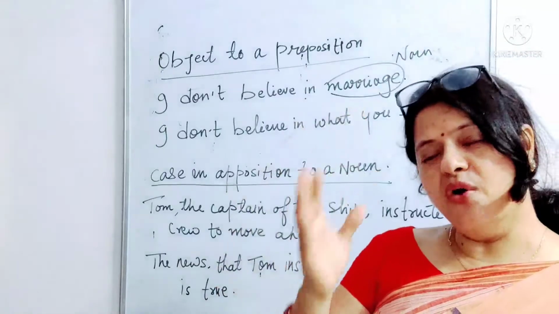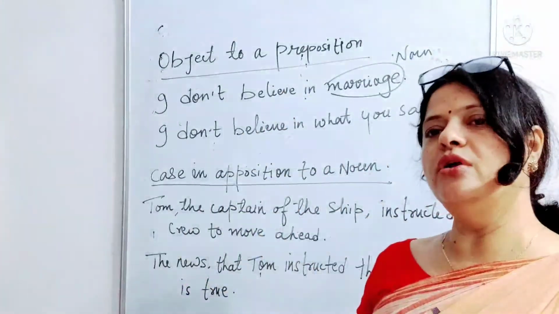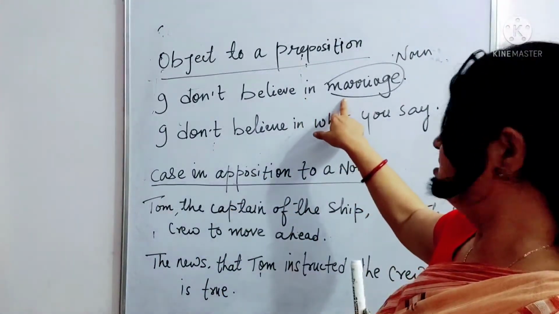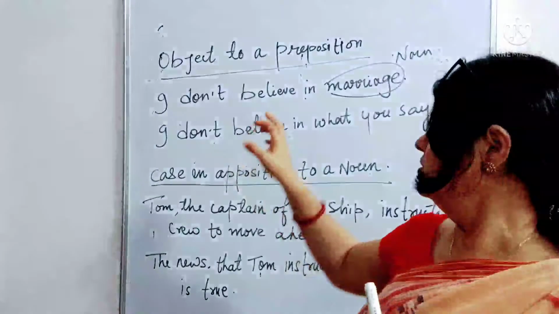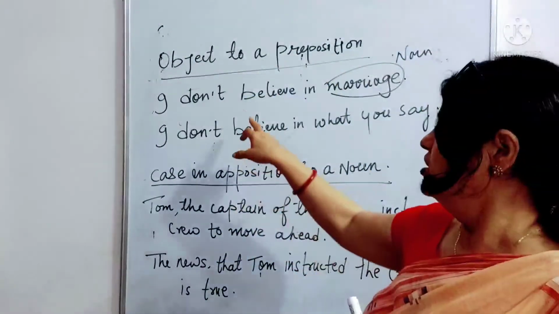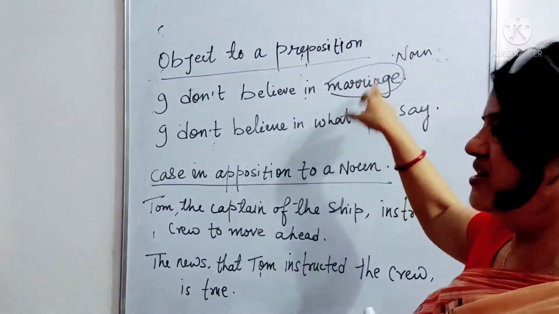Remember, after the preposition, a noun or pronoun always comes there. So it is the fixed place of a noun to be an object to a preposition. Okay, so in is the preposition, marriage is the noun.